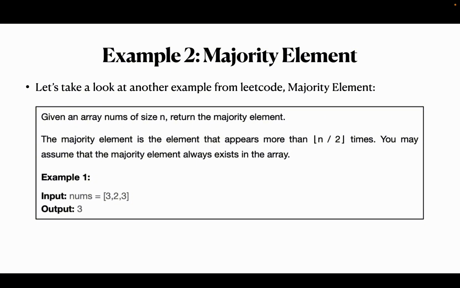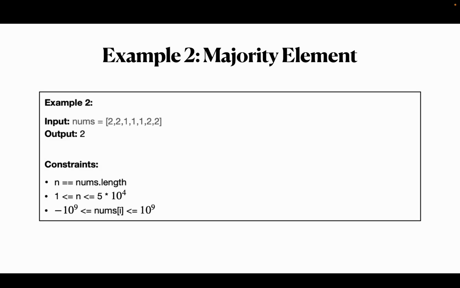For example, as we can see in example 1, the elements within the array will be 3, 2, 3. Since the number of appearances of 3 is 2, which is greater than floor of 3 over 2, that's 1, the majority element in this case will be 3.